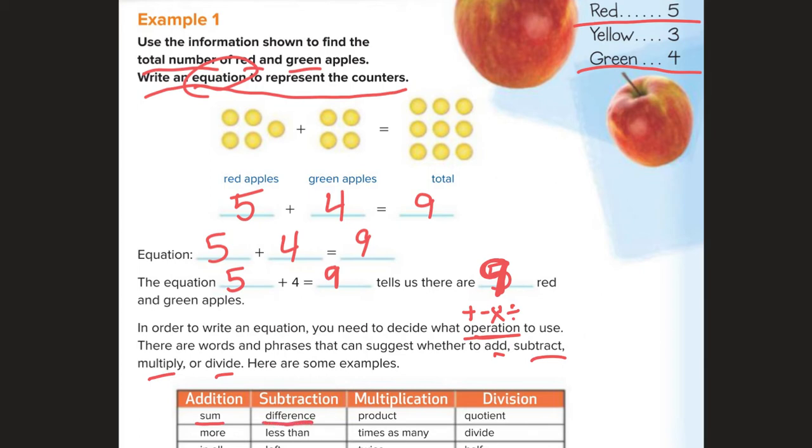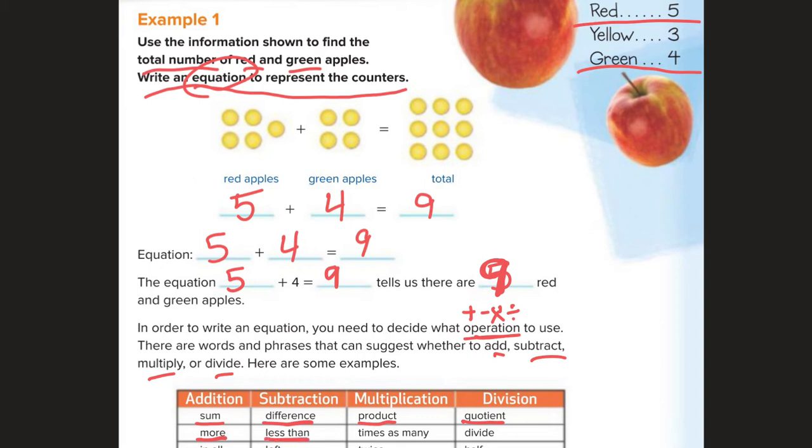Whenever you see difference, you know it's subtraction. Product means multiplication. Quotient means division. You know those. Those are given, right? So more than means addition. In all or total are all words. If you see them in a number sentence or a word problem, you know they're going to mean addition.